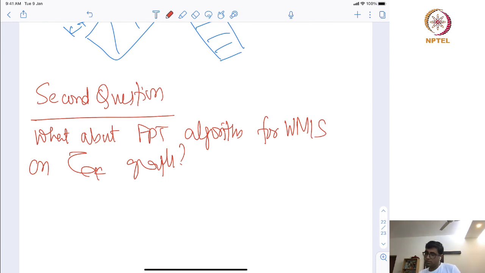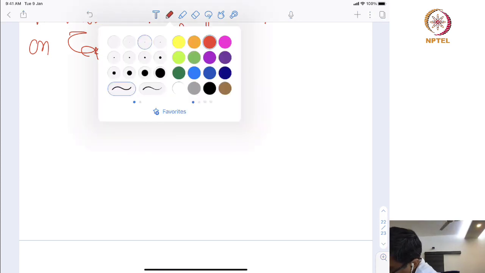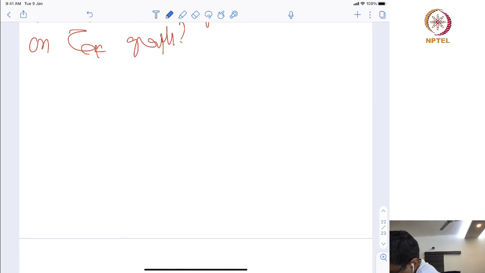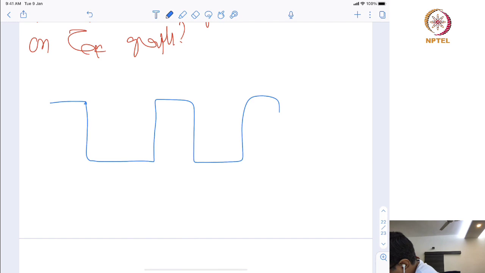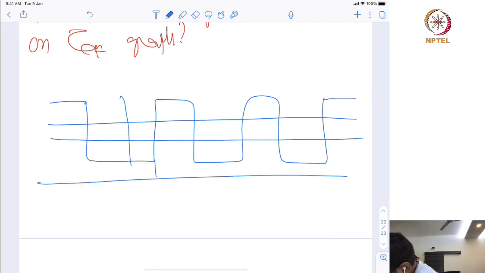How can we do these things for, say, a grid graph? Suppose we have, this time I will try to draw, this is also some subclass of grids.